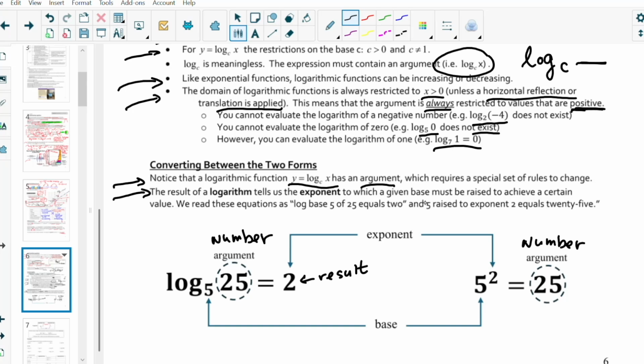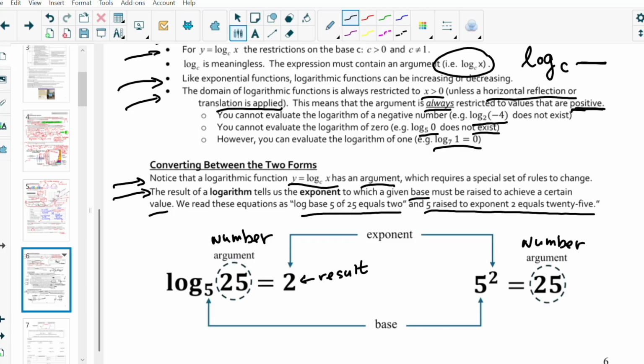Again, the result of a logarithm tells us the exponent to which a given base must be raised to achieve a certain value. We read these equations as log base 5 of 25 equals 2, and 5 raised to exponent 2 equals 25.